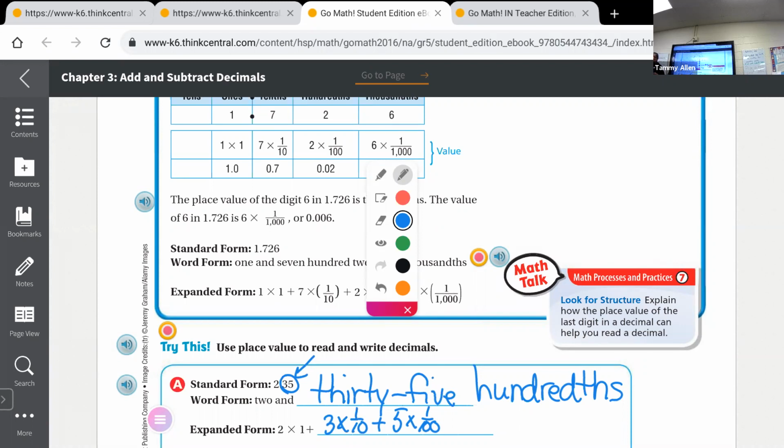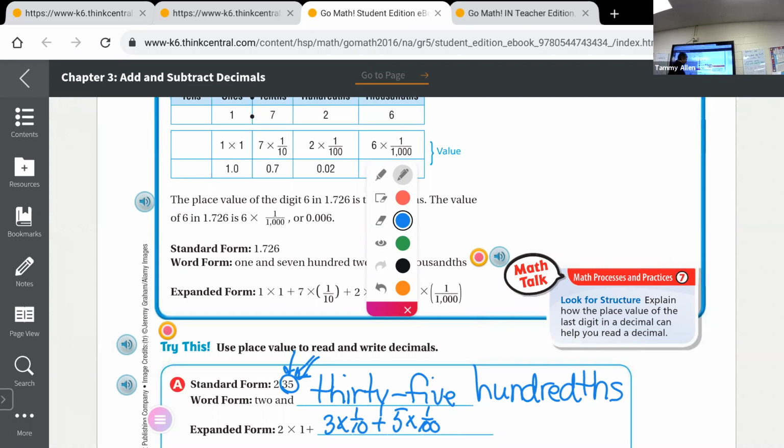You shook your head no. What didn't make sense? This is tenths place, and that is hundredths place. Tenth, 1/10, hundredth, 1/100. Okay? Anything else on this? Okay, I'm going to leave you there with that.